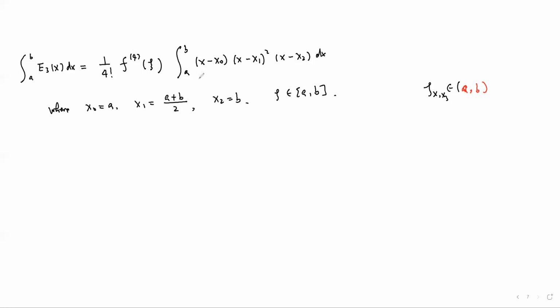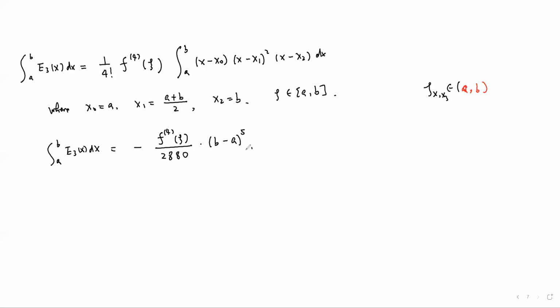Okay. I compute this integral, then combine with 1 over 4 factorial. Then I get the error equal to the fourth derivative at the sign, over 2880, times (b minus a). Now this time the power is 5.